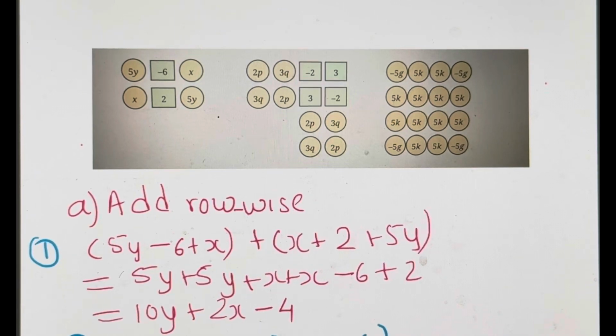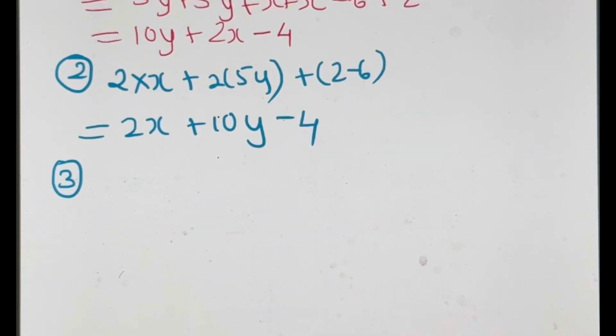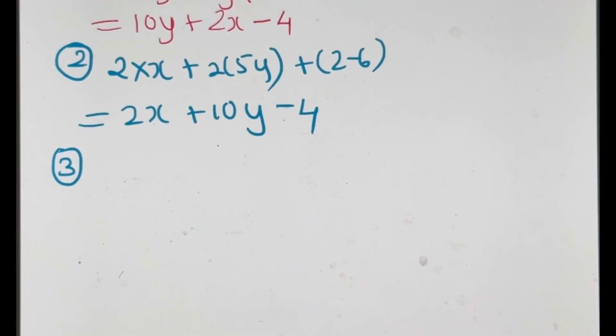Let us write that. So add column wise, let me write it down. The first column gives 5y plus x.